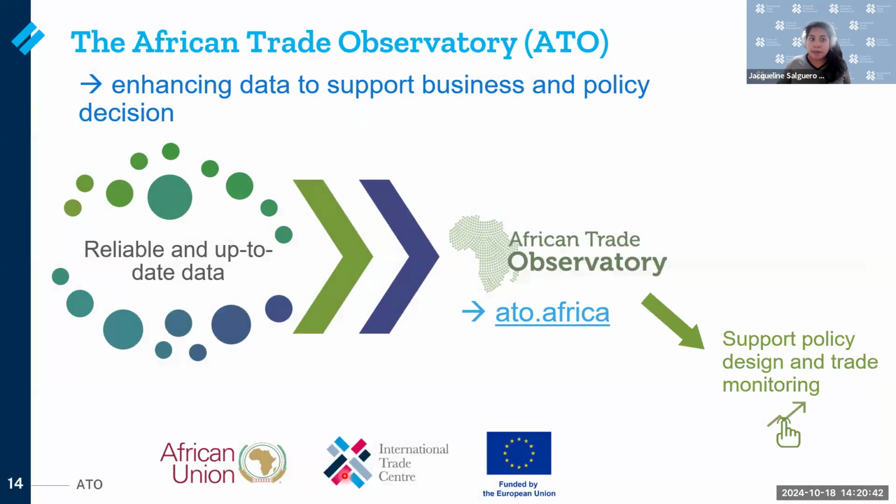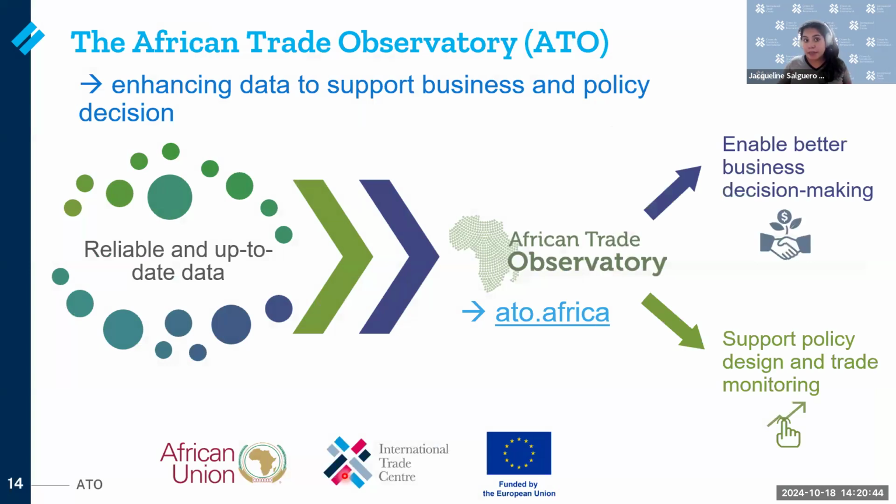So why is that the case? Because the African Trade Observatory aims at enhancing or revolutionizing how data in Africa is being collected, disseminated, and used across all Africa, for two specific types of stakeholders.